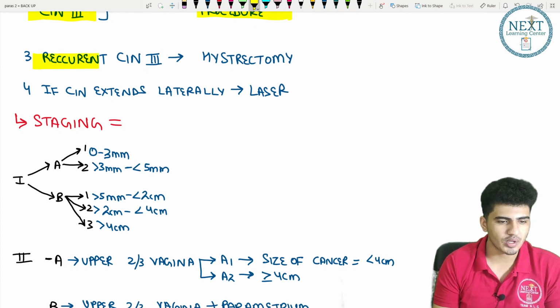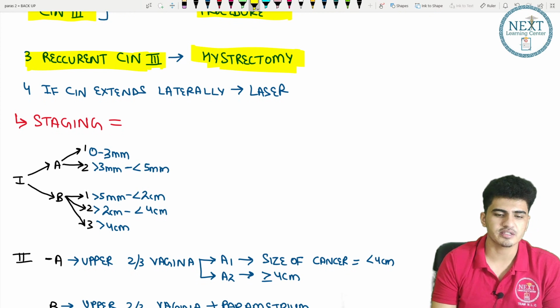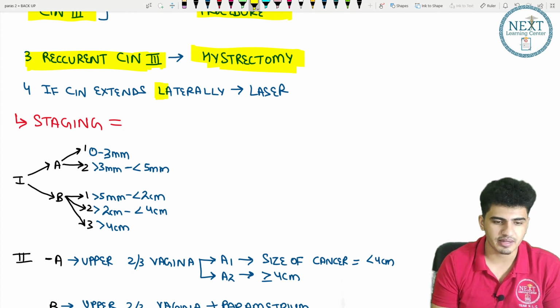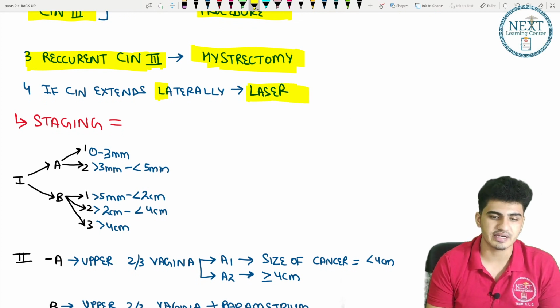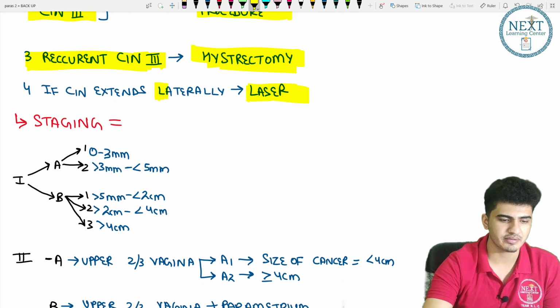Recurrent CIN 1, CIN 3: hysterectomy. If CIN 1 extends laterally, remember L for laterally, L for laser, we have to use laser.